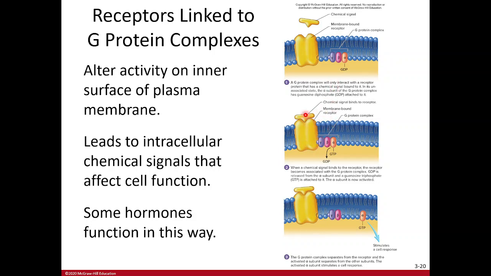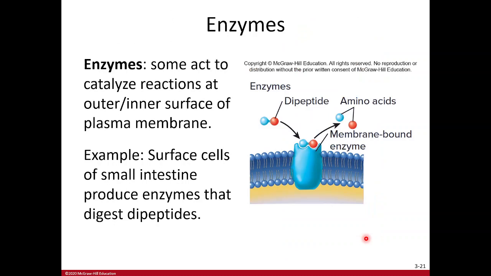By being close by, it will have the ability to move forward until it contacts this receptor, and then this receptor will make a change. It will allow the breaking down of one of these units, which is called the alpha unit, from this molecule, and then this molecule is going to stimulate a cell response.